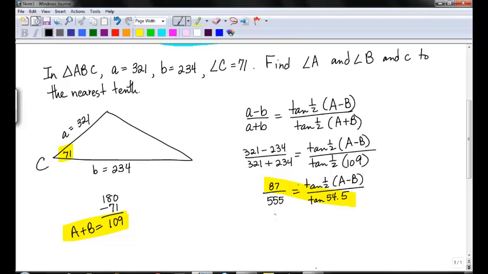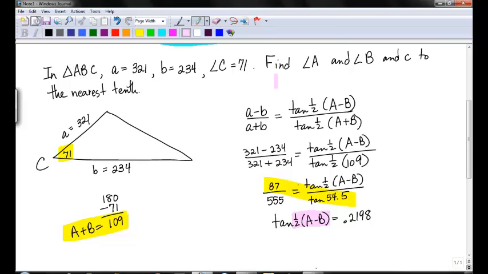So tangent of half A minus B is 0.2198. You have to think of this as tangent of theta. So you know the value of the function, you don't know the angle. So do inverse tangent of that answer.